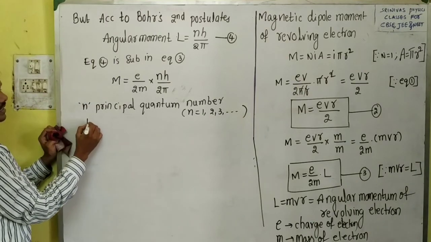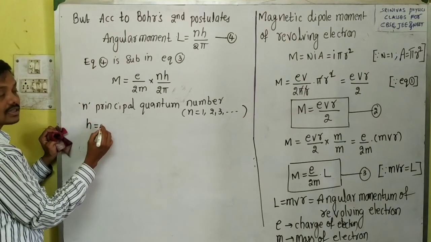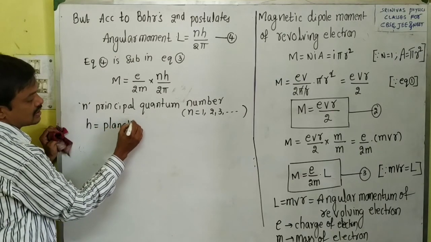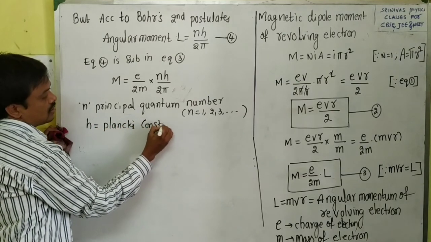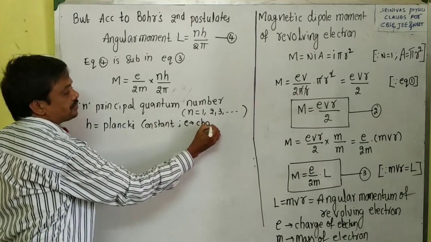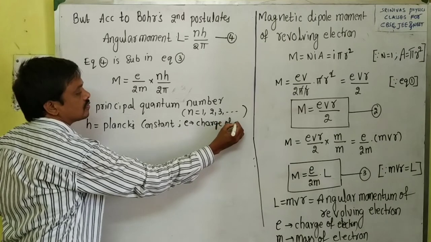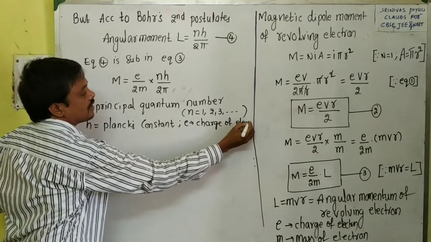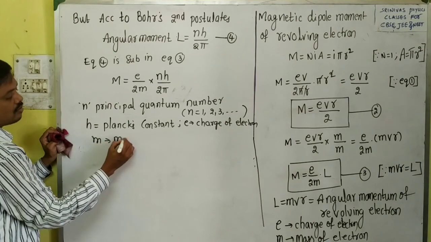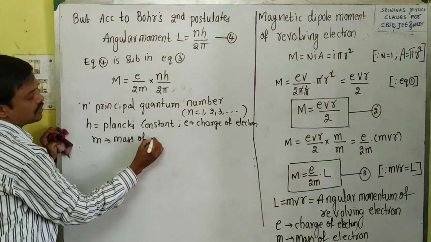What is h? h is the Planck's constant. e is the charge of electron. m is the mass of electron. That we know already.